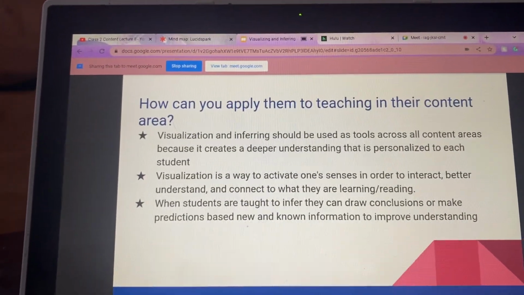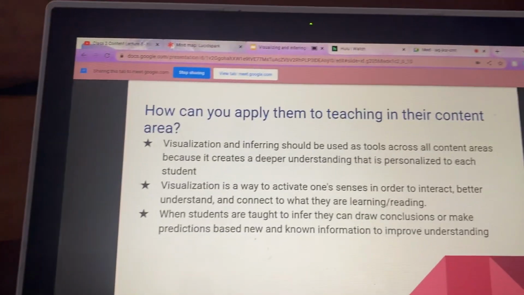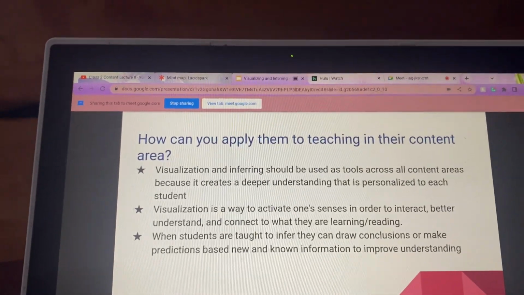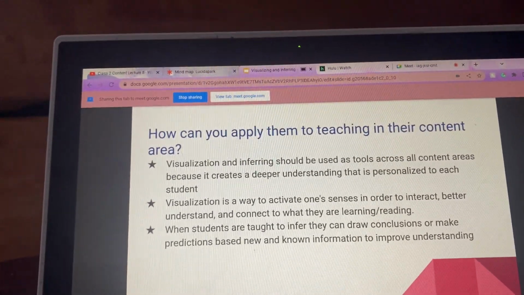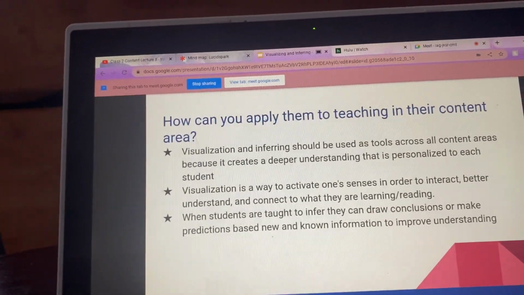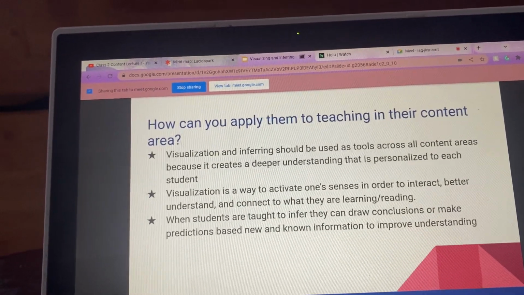So how can you apply them to teaching in their content area? Both visualization and inferring should be used as a tool across all content areas because it creates a deeper understanding that is personalized to each student. I think this is a huge takeaway from this presentation, is that these tools help.